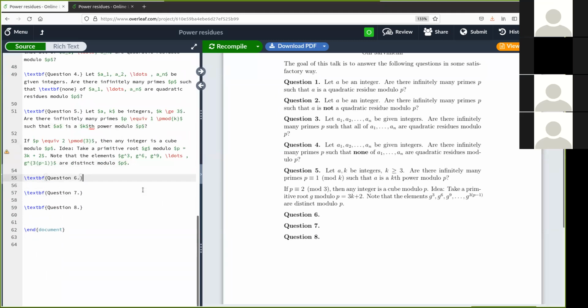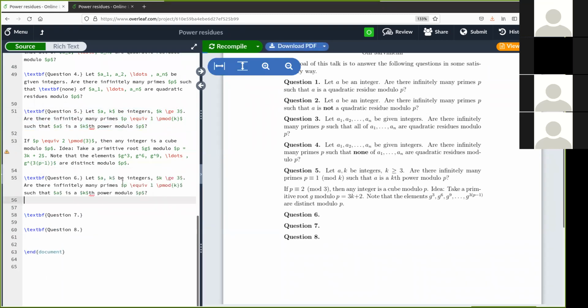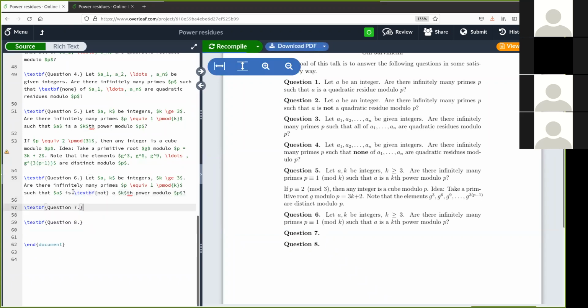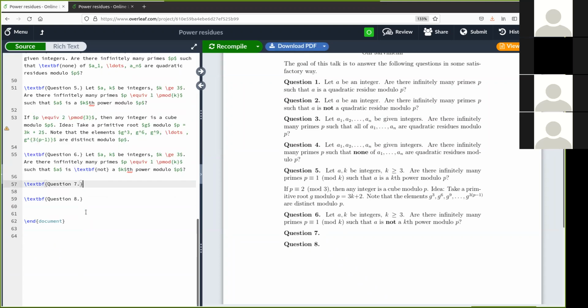And then of course we have similar variants as in the quadratic case. So we will be proving all of these eight today.